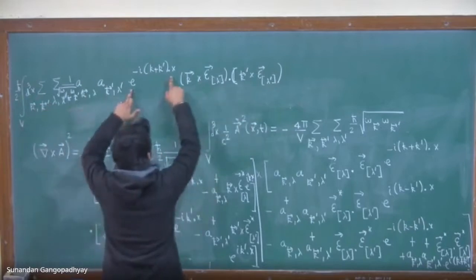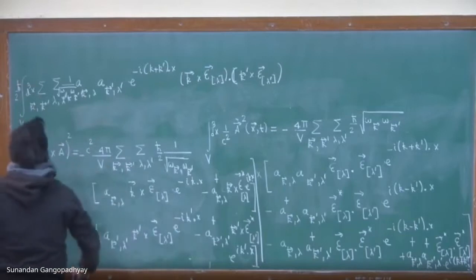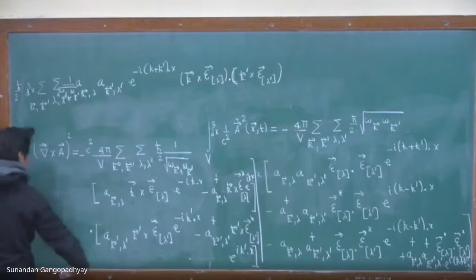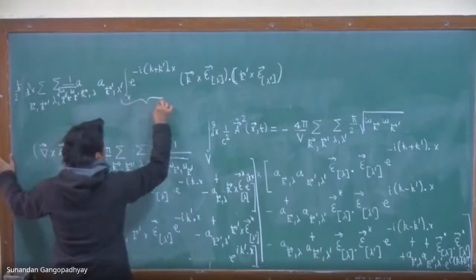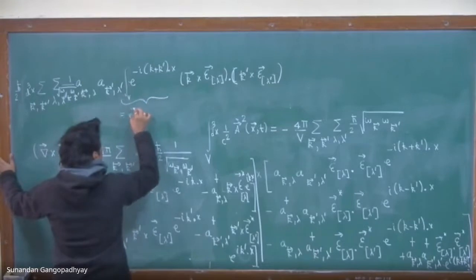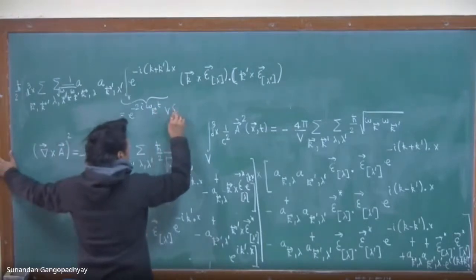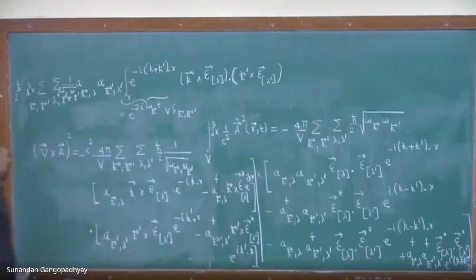Only one term has x, and therefore this integration will give us, if you put the integration inside, e to the power of minus 2i omega k t times volume V times delta k comma k prime. So from this integration, the full integration of the first term has been carried out.